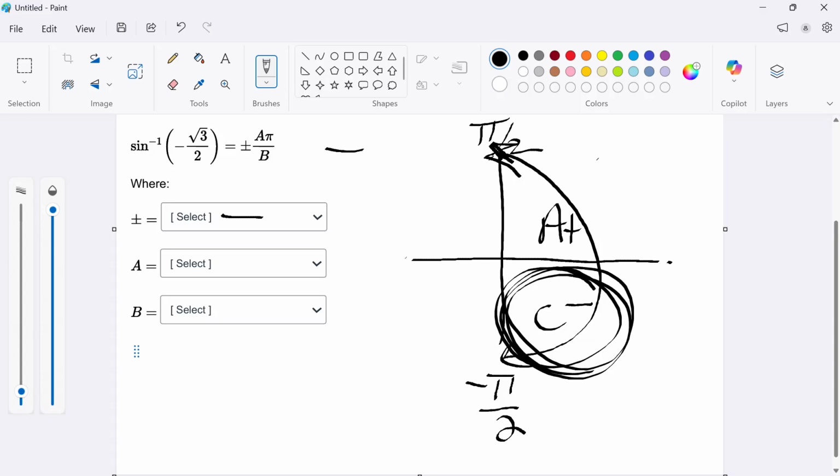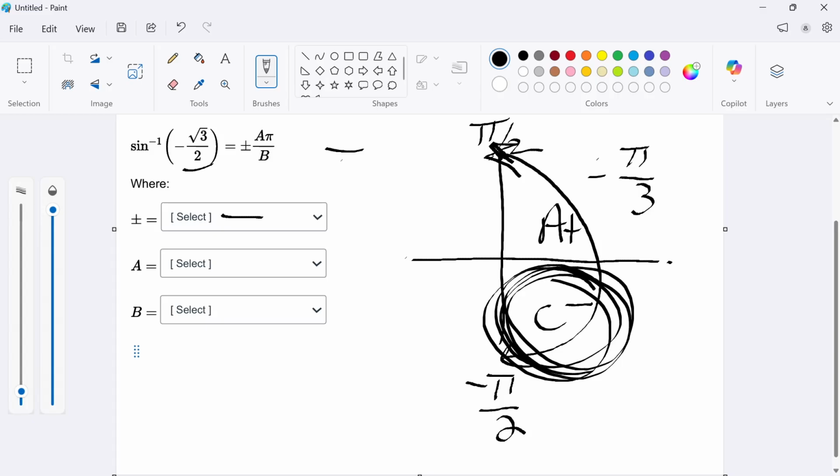Where is the sine of some angle equal to square root of 3 over 2? Well, if you know your unit circle, it's going to be pi over 3. And I know it's negative based on the range of arc sine. So it's negative pi over 3.